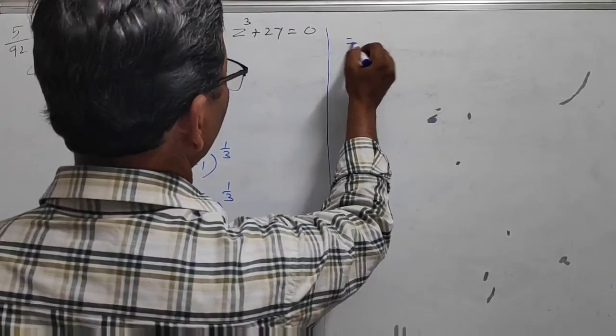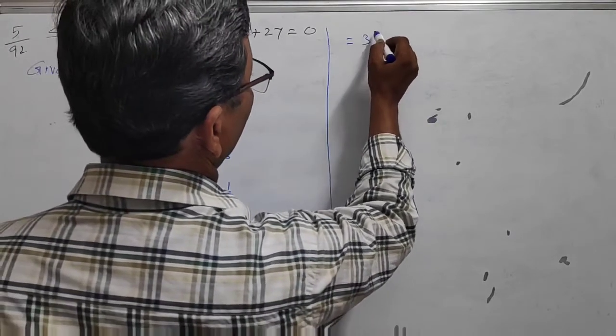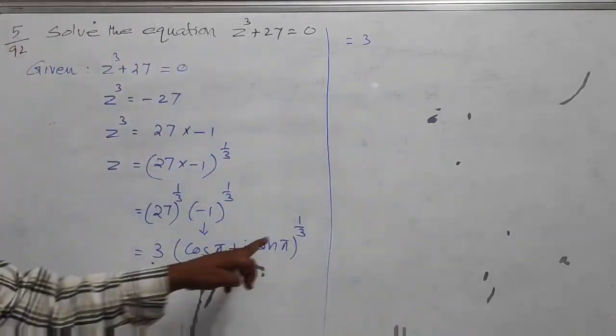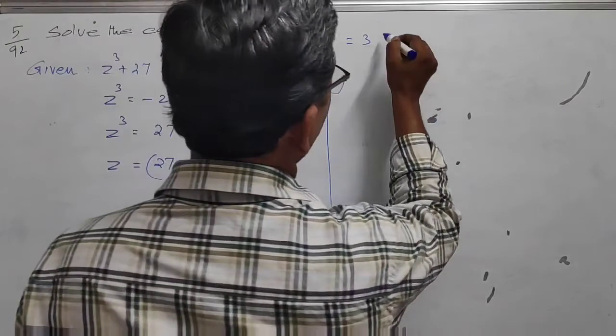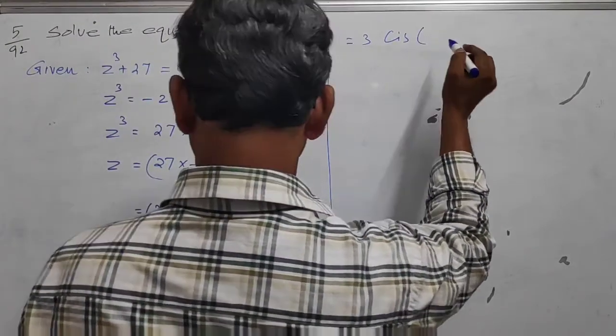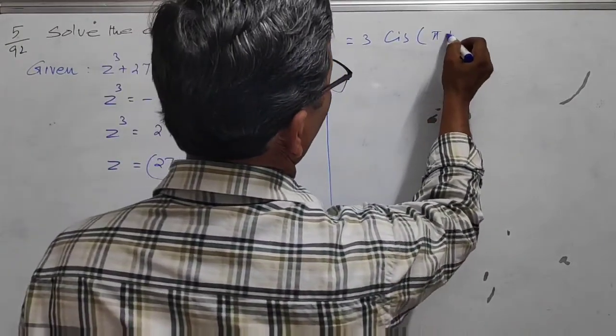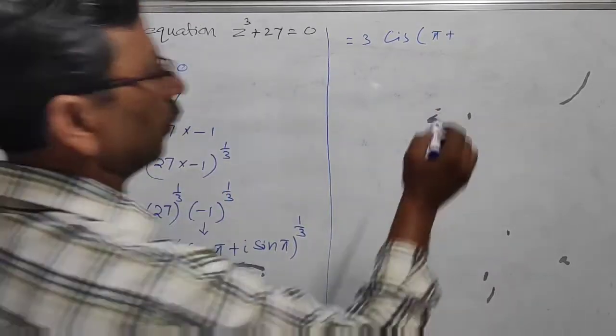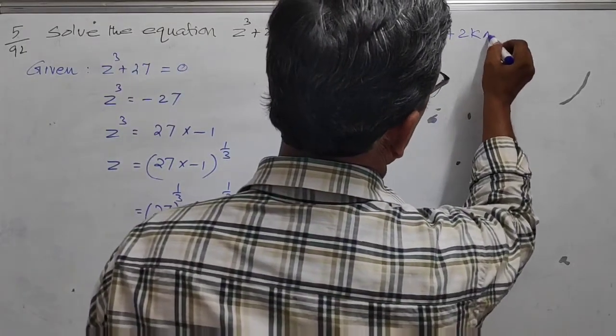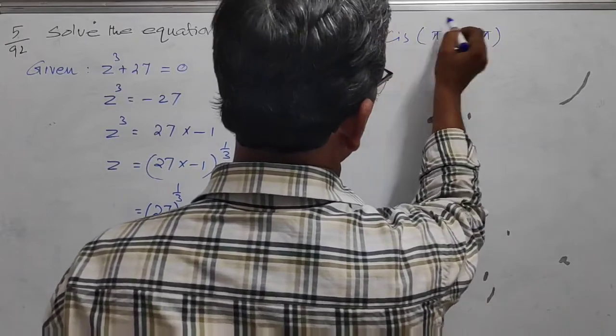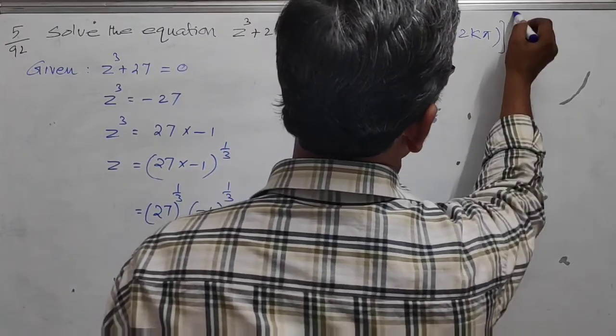Which is equal to 3 into, we can use the cis form also, cis theta, where theta is pi. With this pi, we have to add 2k pi, then (2k pi) whole power 1 by 3.